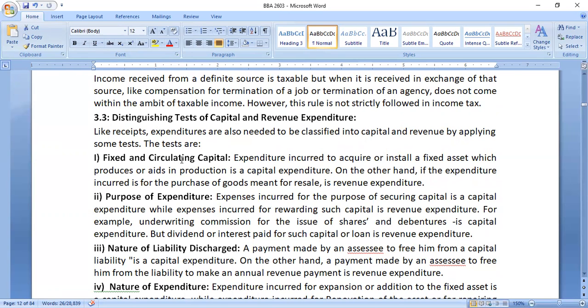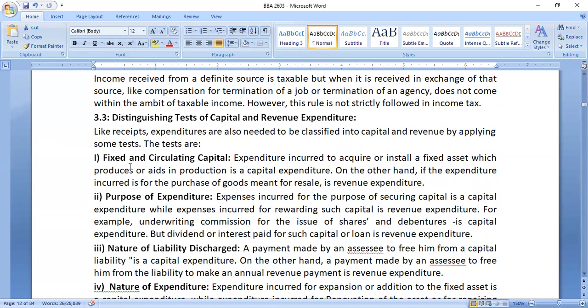So everywhere there is expenditure. Expenditure is classified into two types: one is revenue expenditure, another one is capital expenditure.